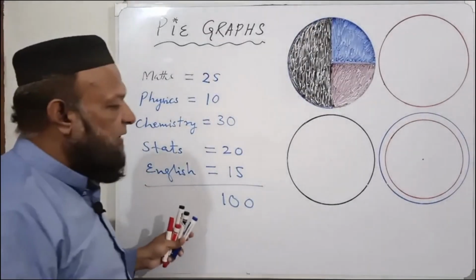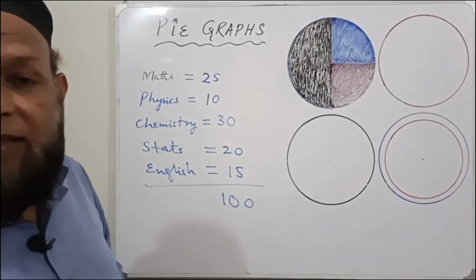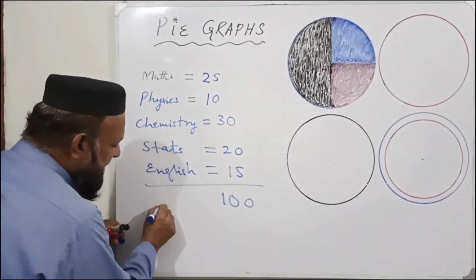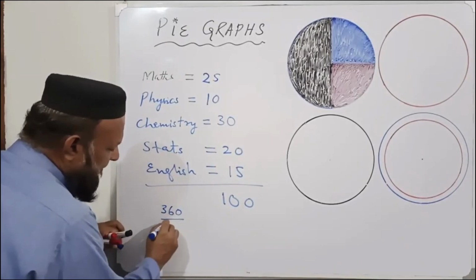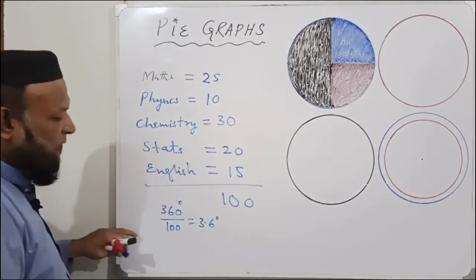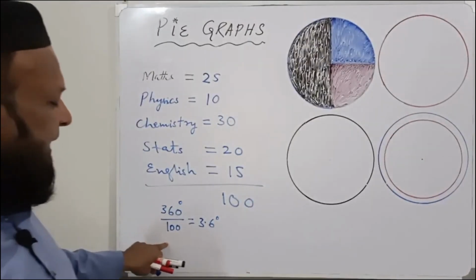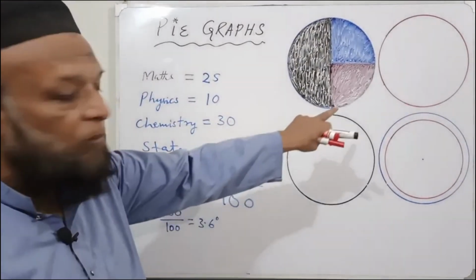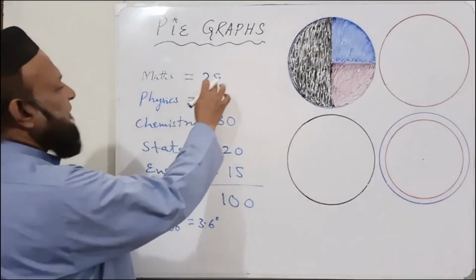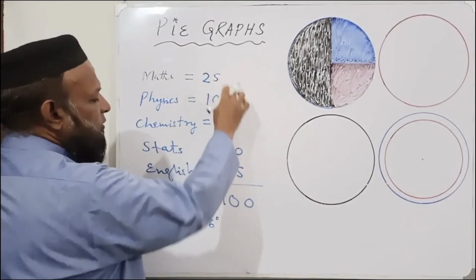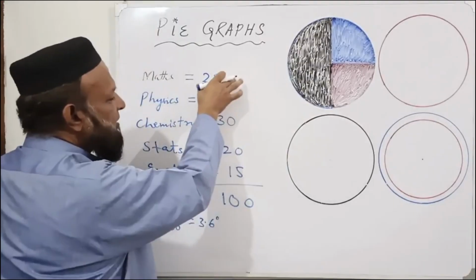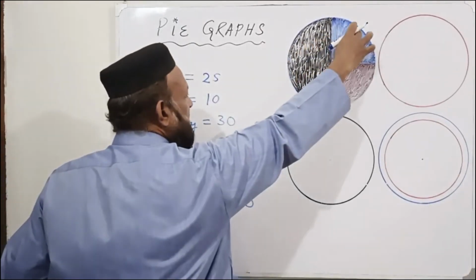The total number is 100. The total angle is 360. So 360 divided by 100 equals 3.6 degrees. So one student should be indicated by 3.6 degrees over there. Okay. So when we talk about 25 of maths, 25 out of 100 is simply 25%.